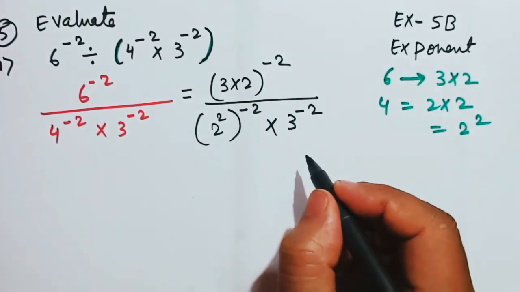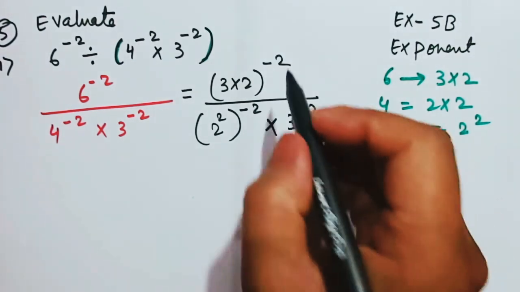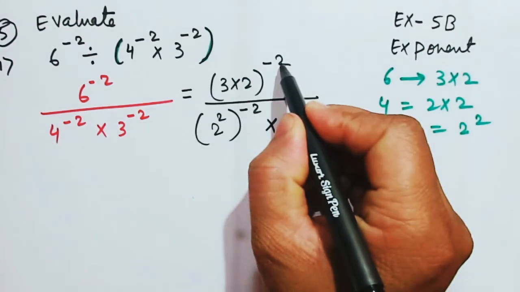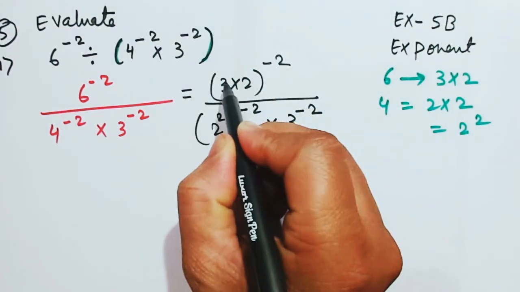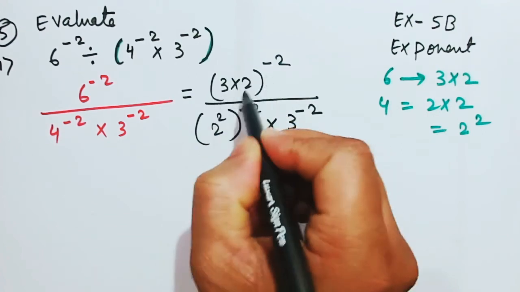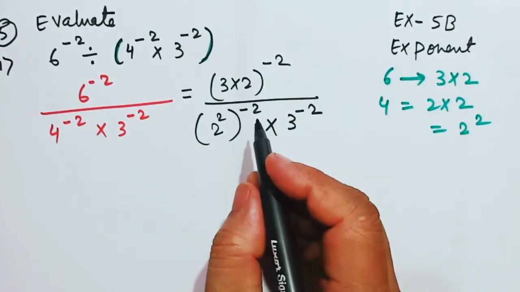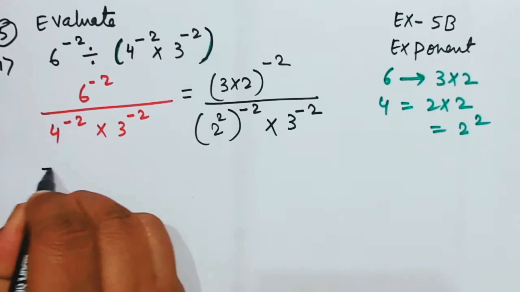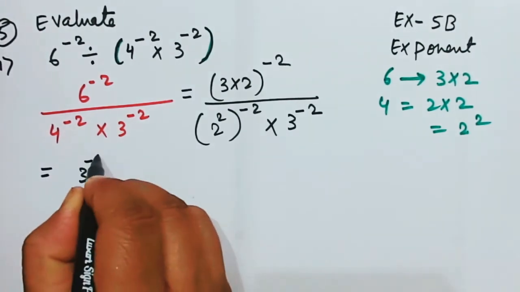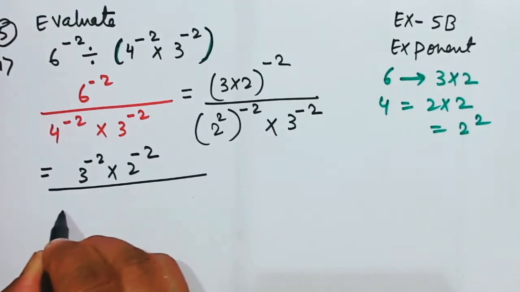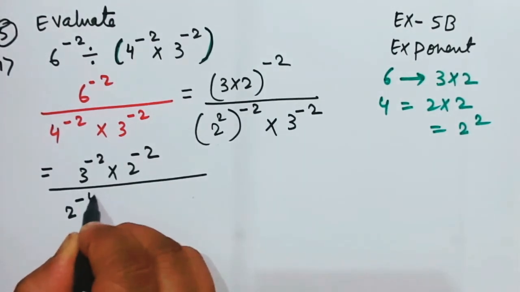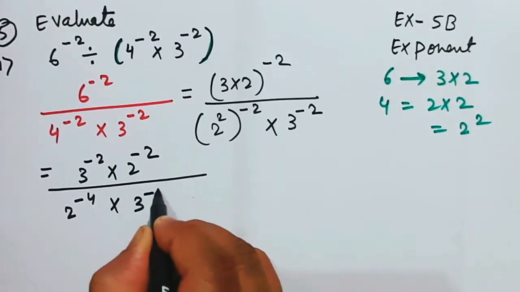As I said, this exponent will get multiplied by the exponent of each one of them inside the bracket. So this will be equal to 3 to the power minus 2 into 2 to the power minus 2, divided by 2 to the power minus 4 multiplied by 3 to the power minus 2.